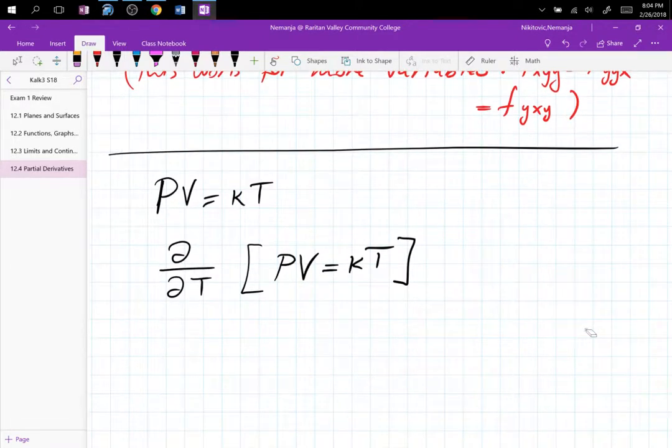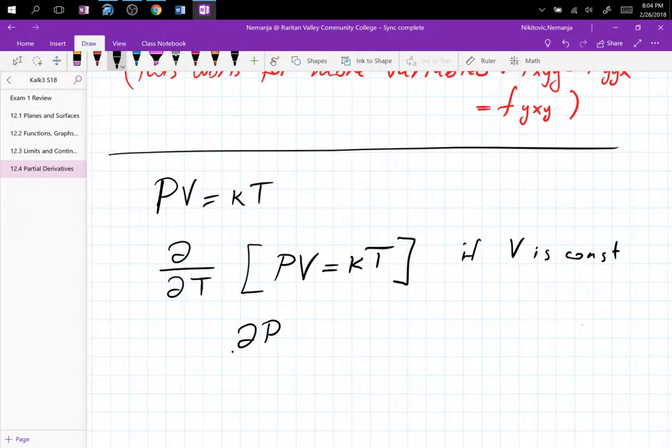If V is constant, then you will just find dP/dT times the volume is equal to K.